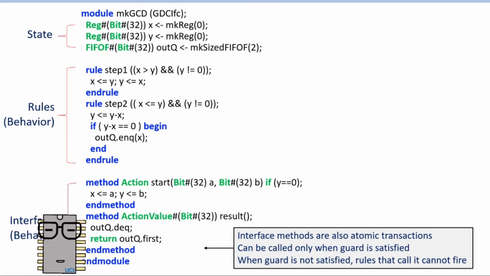So even if we called outQ.dq first, the value that outQ.first will return is the first element in the queue before outQ.dq was actually called. This might feel a little bit confusing, but just remember, this feature is pretty much the same for most HDLs out there, unless you're working with high-level synthesis.